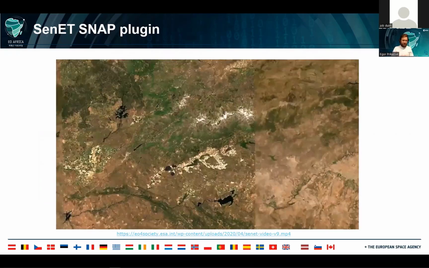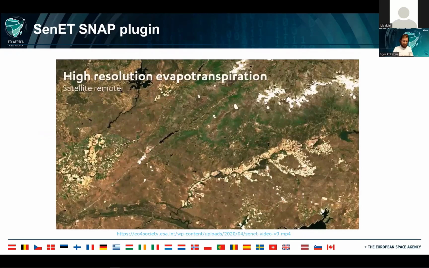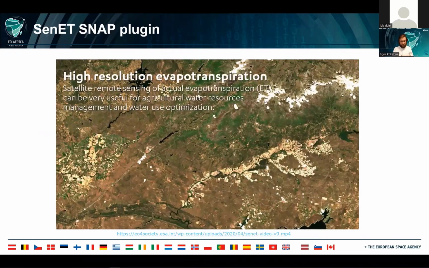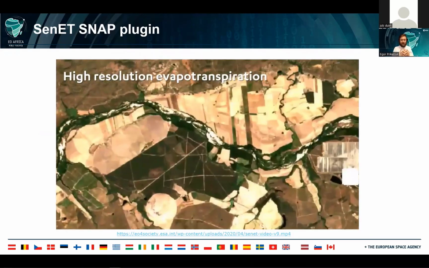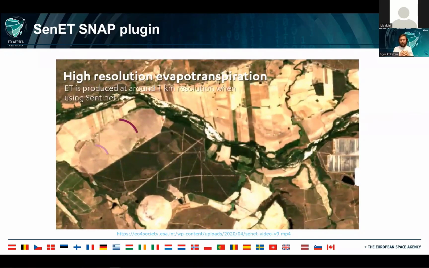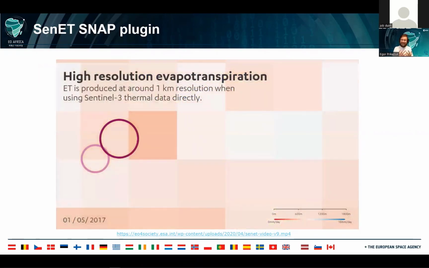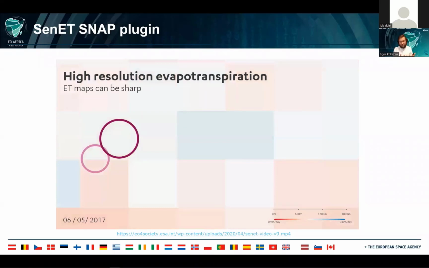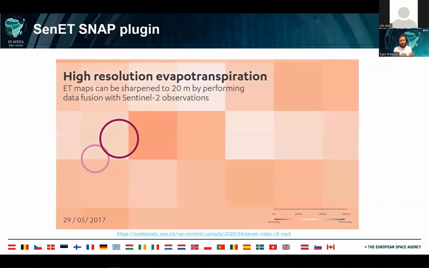So the SNAP plugin produces high-resolution daily evapotranspiration. If we look at a Sentinel-3 image of those two fields, Sentinel-3 is 1 kilometer resolution. You don't see the fields. You can apply the model, but you don't see the fields.